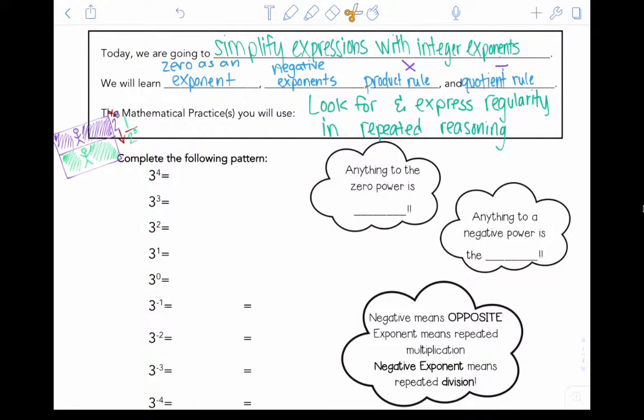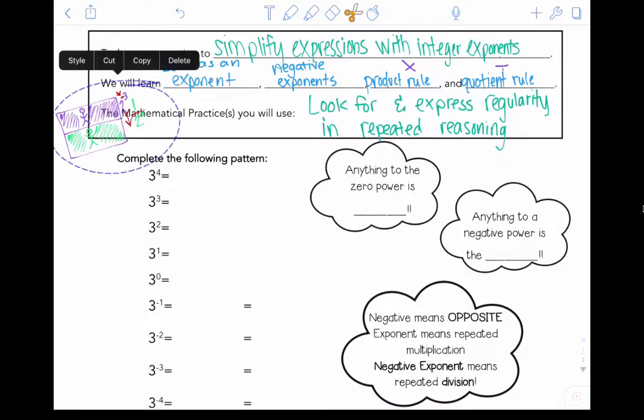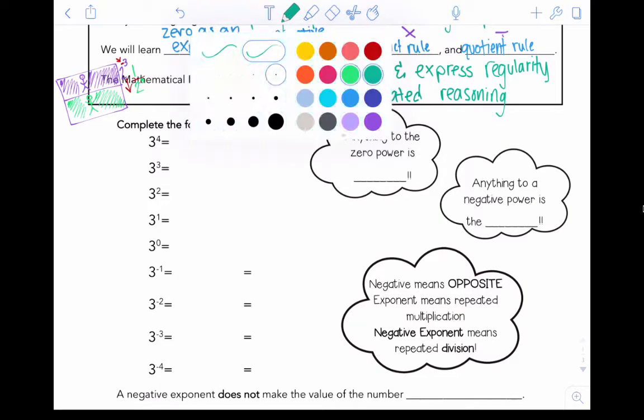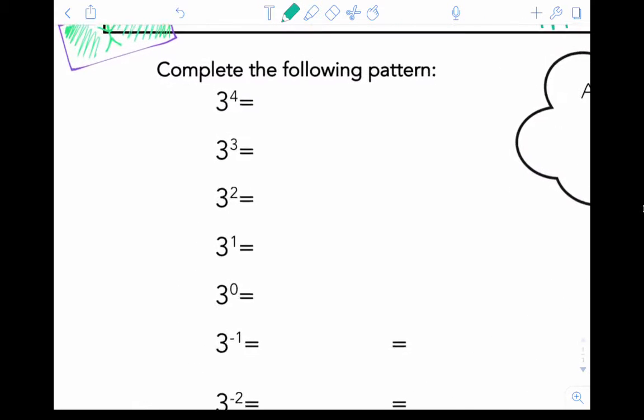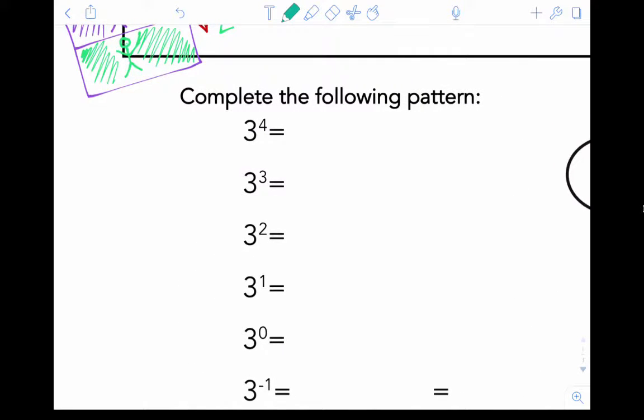we're going to start with 3 to the 4th power. Well, 3 to the 4th power is 3 times 3 times 3 times 3. Well, I know 3 times 3 is 9. And I know that 9 times 9 is 81. So I know that 3 to the 4th is 81.